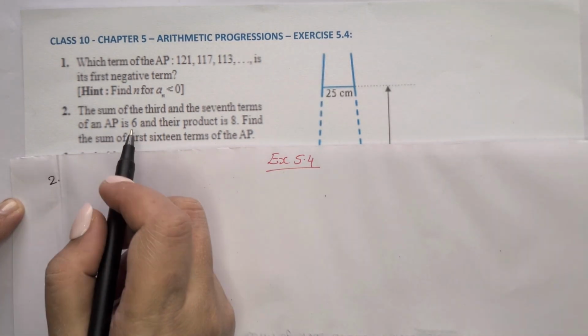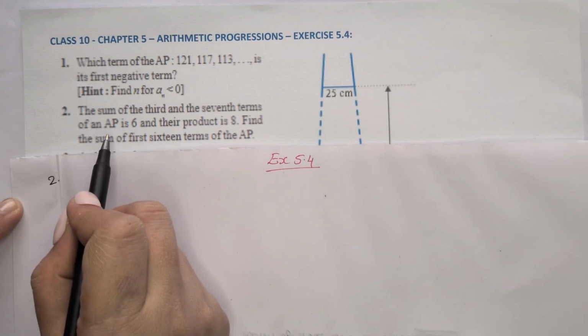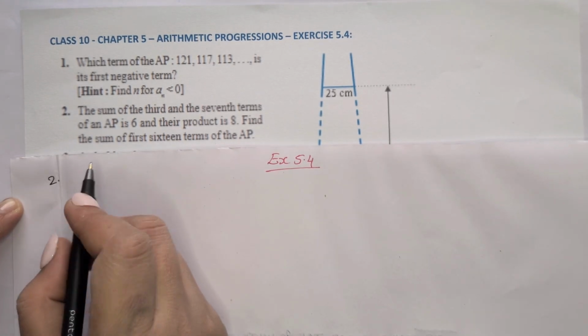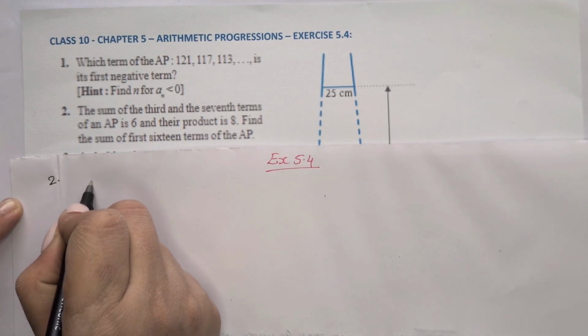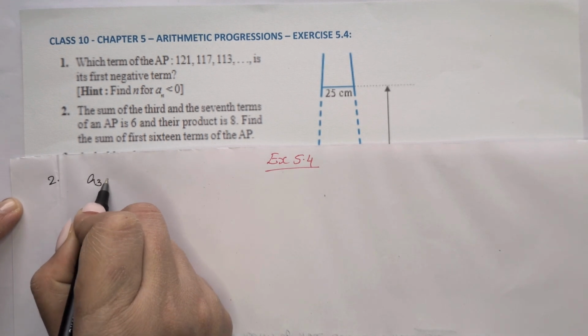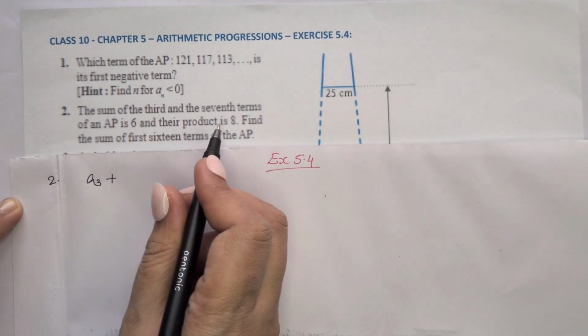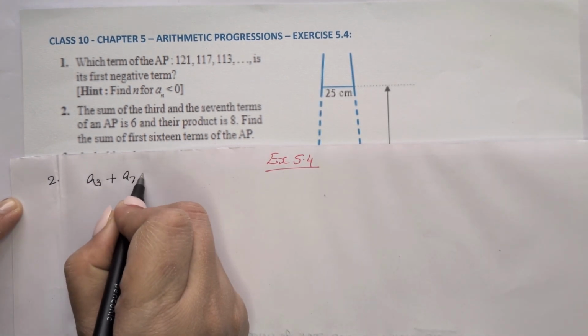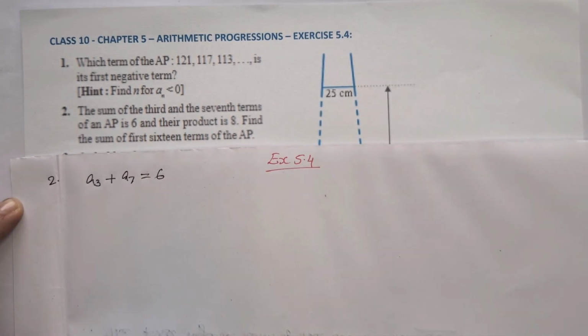Second question. The sum of the third and seventh terms of an AP is 6. Sum of the third term A3 plus the seventh term A7 is equal to 6. It's given.